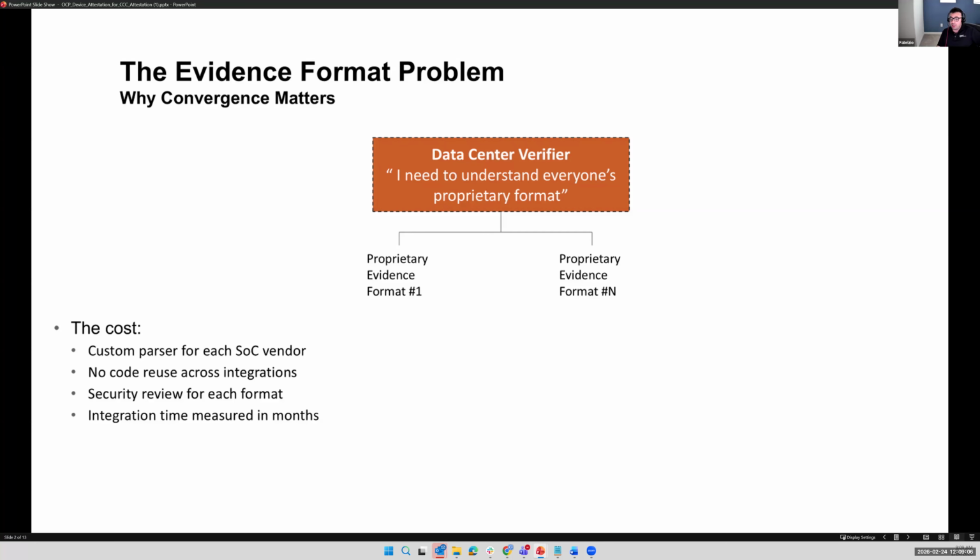It's possible. We believe it's easier to take a step above and make the format equal, rather than the library where the translation happens. Yeah, but I agree, there could be a different approach to solve the problem. We believed in the standardization of the format versus the standardization of the library, and that's how we moved forward.